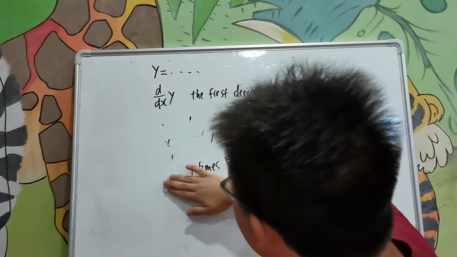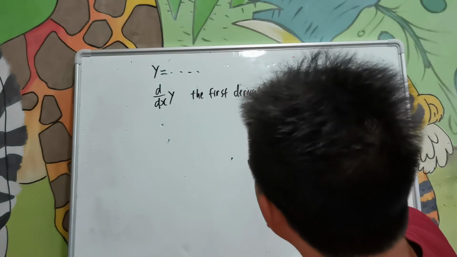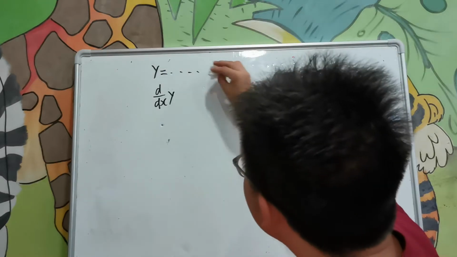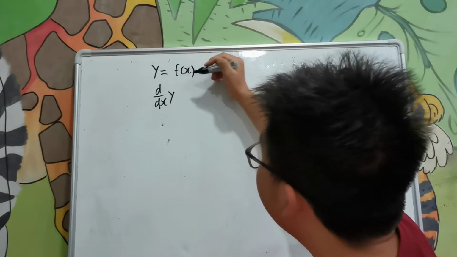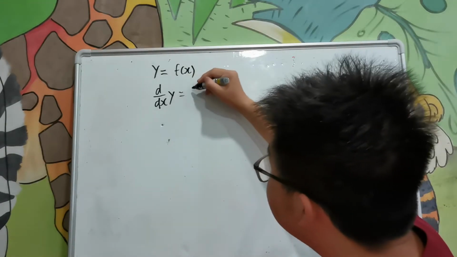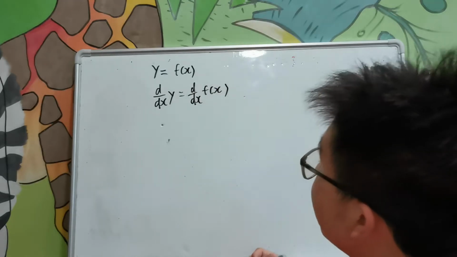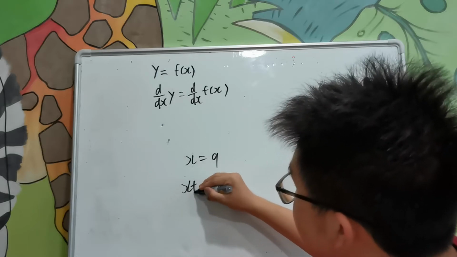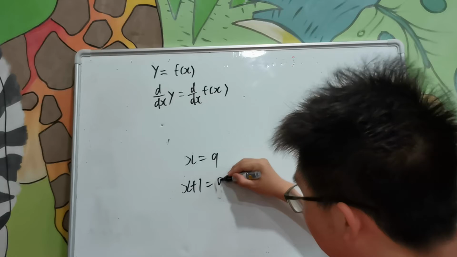So, notation wise, if I have a function y equals fx, when I take the first derivative of y on one side, I have to take its first derivative on the second side. It's just like how if I have x equals 9 and I add 1 to both sides, I have to add 1 to both sides.